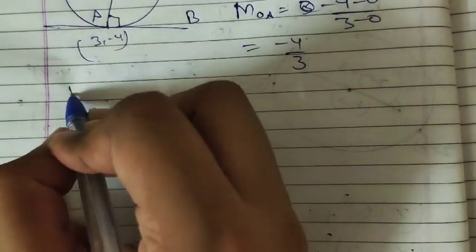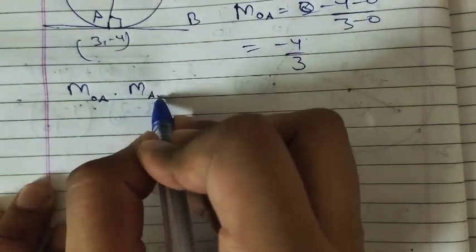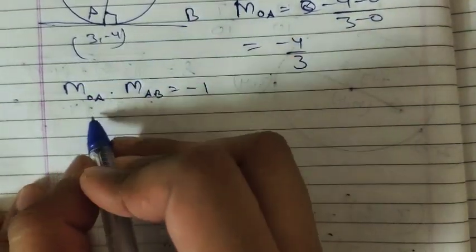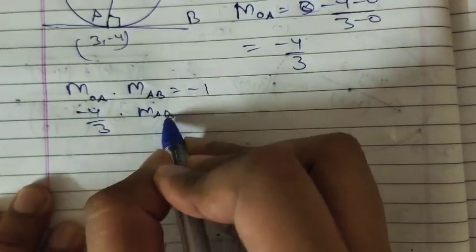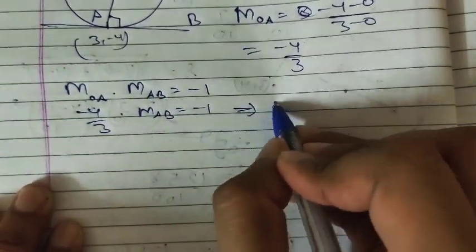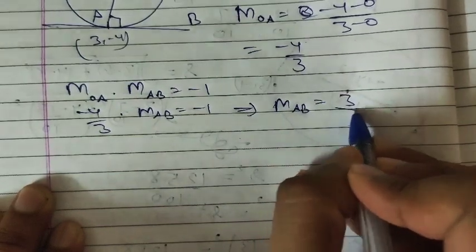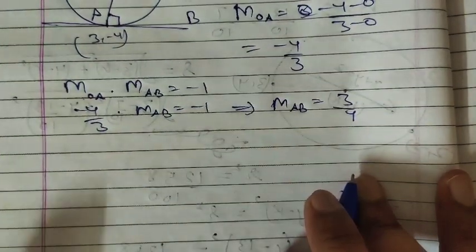Slope of OA multiplied by slope of AB will be minus 1 because both the lines are perpendicular. So minus 4 by 3 dot m of AB is equal to minus 1. So m of AB is equal to 3 upon 4. Slope of tangent we know is 3 by 4.